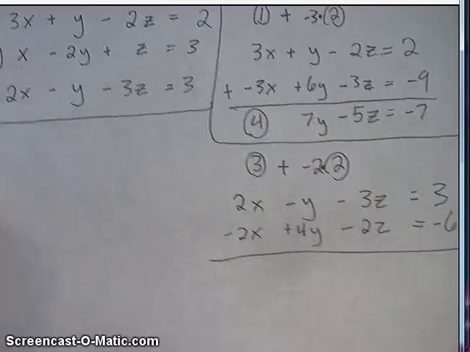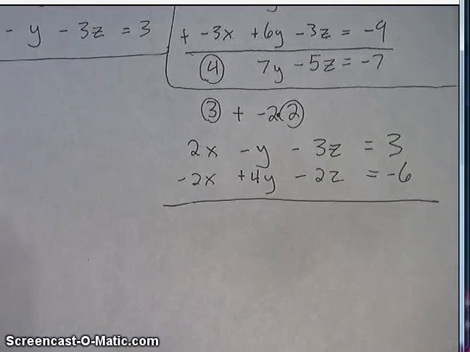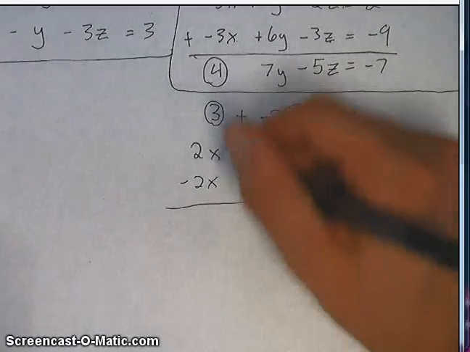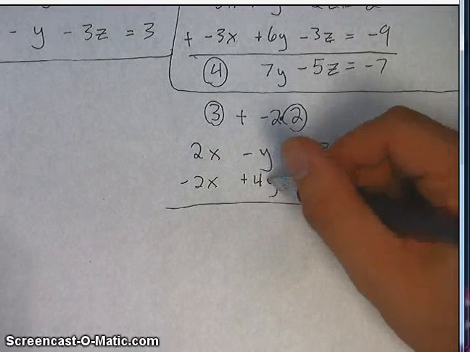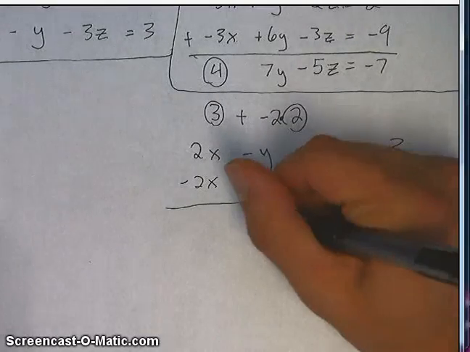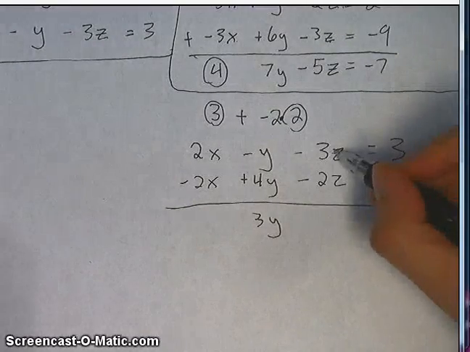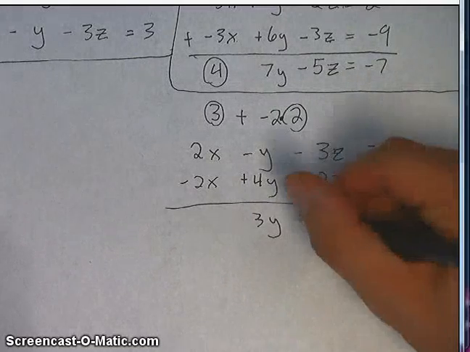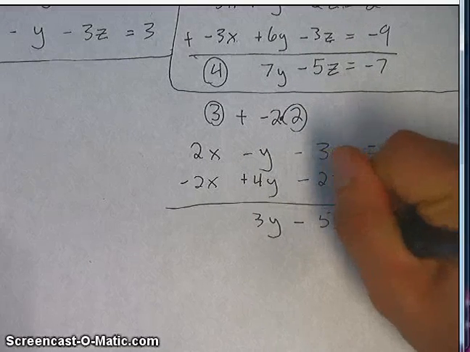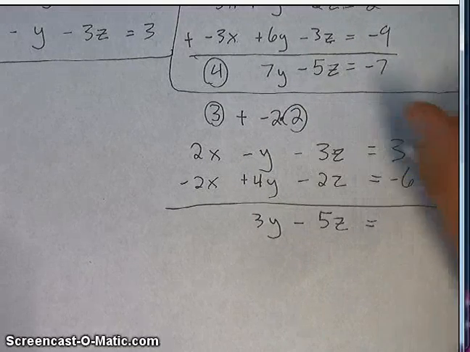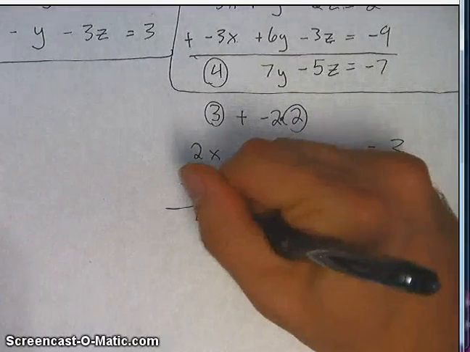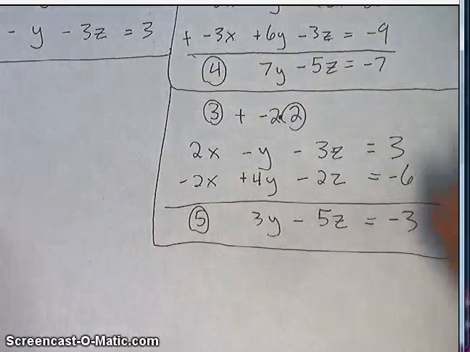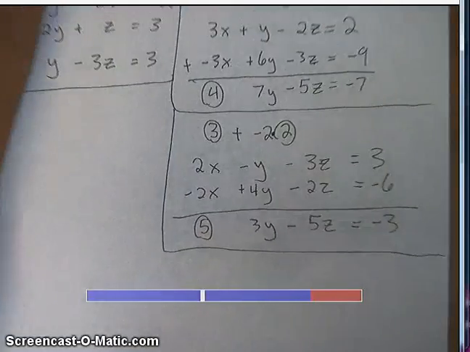I'm going to add those 2 equations together. And when I do that, the x's are eliminated. Negative y plus 4y is 3y. Negative 3z plus negative 2z is negative 5z. And then 3 plus negative 6 is negative 3. This is equation number 5. And we're done with step 2.